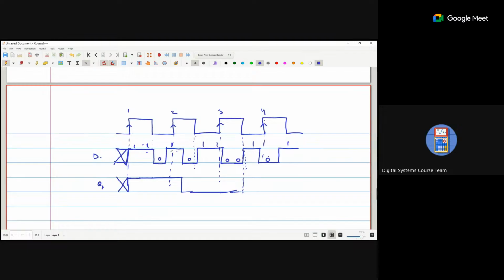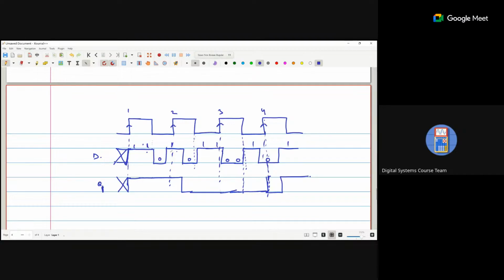Or I can say that 0. Okay, changes, no effect. Again 0. After that it will be changed to 1. Sorry, 0, 1 and 1. This is the Q1.